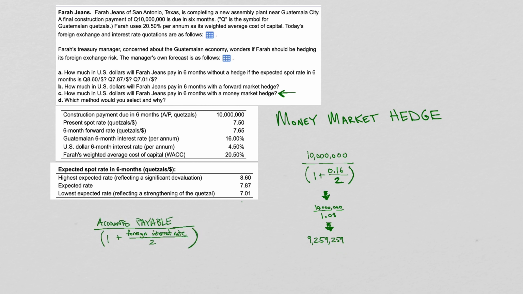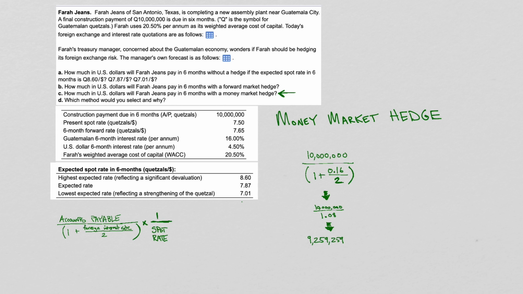But the problem to begin with is that we don't actually have Quetzals, we have dollars. And so we need to figure out how much this is going to cost us in terms of dollars. To do that, we take the Quetzals that we're going to need and convert it using the spot rate. Just like we've seen before, 1 divided by the current exchange rate. Because remember, it's today that we're going to convert our dollars into Quetzals and then deposit it into a Guatemalan bank account.